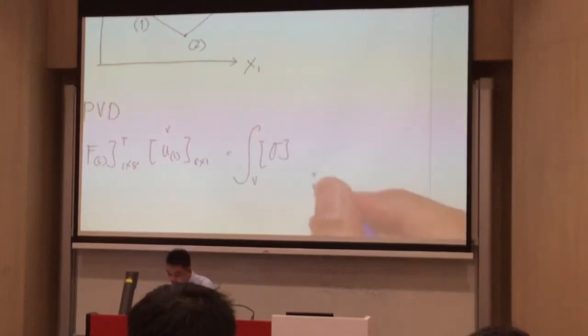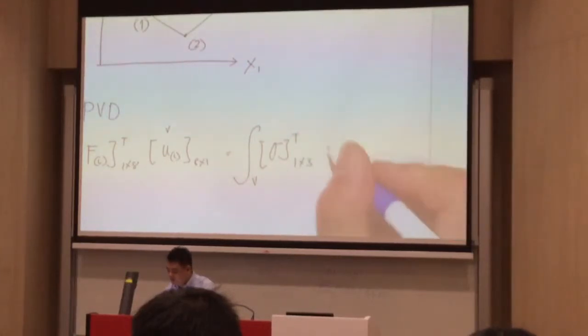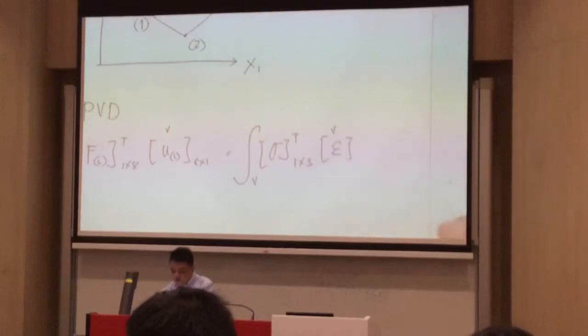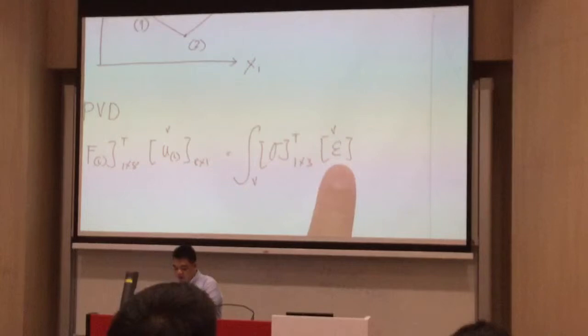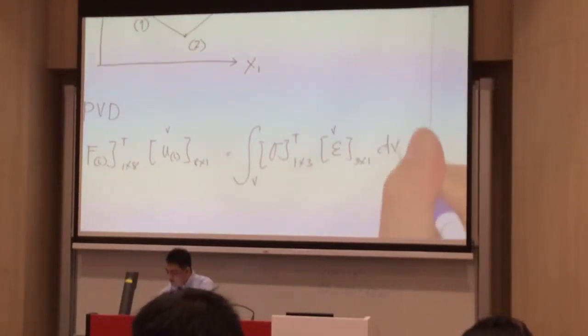So 3 stresses that are involved here. So we have this one to be 1 by 3, that's the transpose. And then we have now your virtual strain. So since we have 3 parameters for stress, sigma 1,1, sigma 2,2, and sigma 1,2, 2 normal, 1 shear, you have now also 3 strains corresponding to your stress. So this one will be 3 by 1 dV.